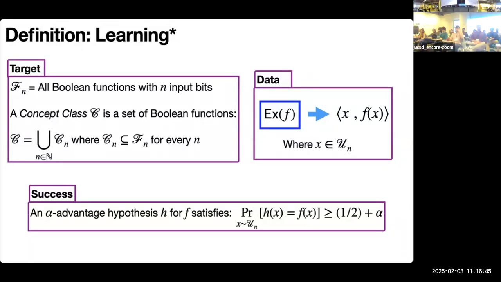Again, this is a relaxation of some standard models, but it's definitely non-trivial. You're doing better than random guessing by an alpha additive factor. And that's pretty good. That's what's going to count for today.